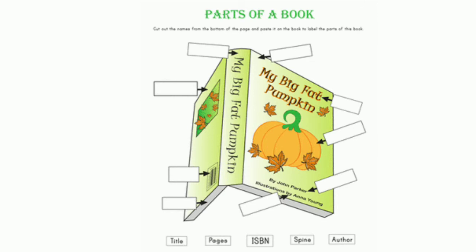Very nice. Okay, let us take a look at this part of the book. Let's try to identify the different parts of this book. This part, the title of the book is My Big Fat Pumpkin. That is the title. We can find it on the cover page. And this part is the author.